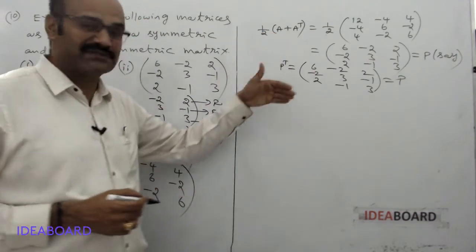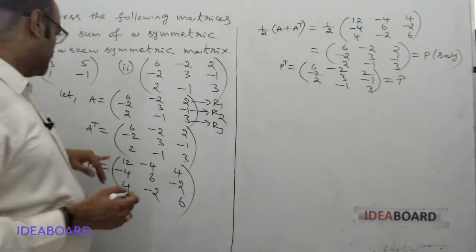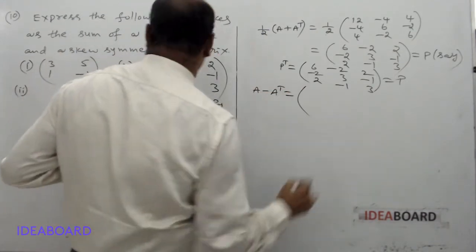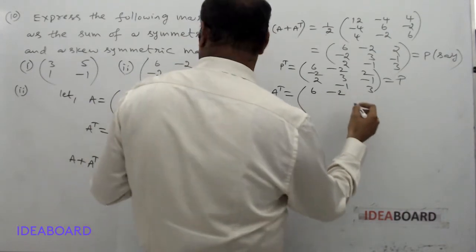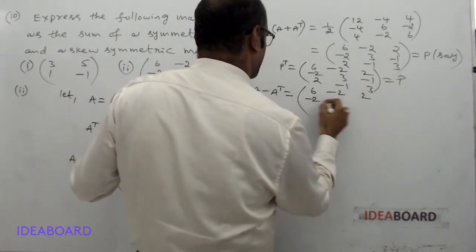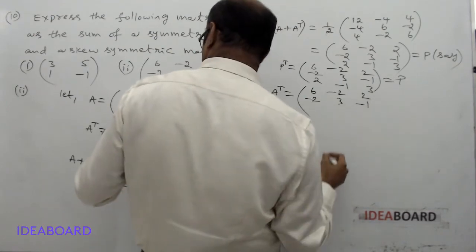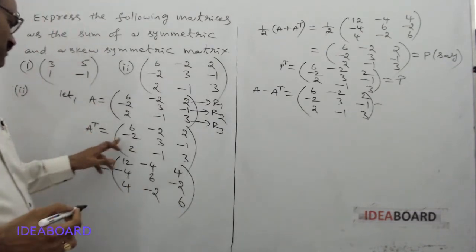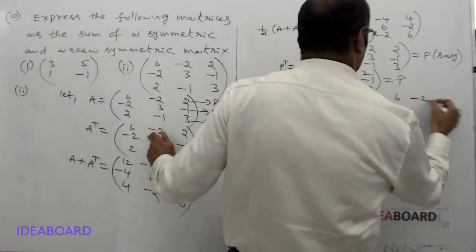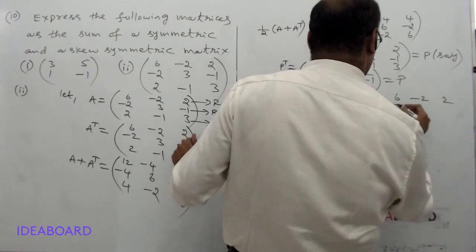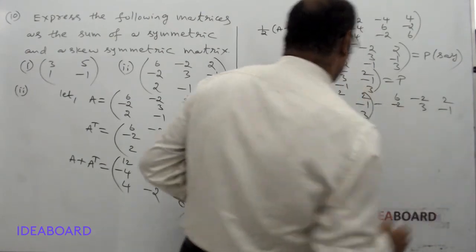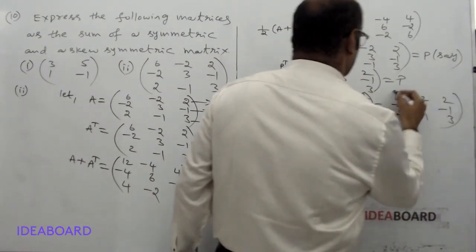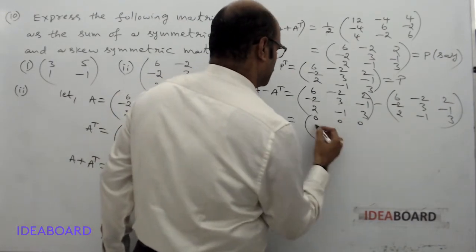Now we have to find the skew symmetric part. A minus A transpose equal to the matrix 6, minus 2, 2, minus 2, 3, minus 1, 2, minus 1, 3 minus A transpose, which is the same matrix. It is equal to, we are having a null matrix.